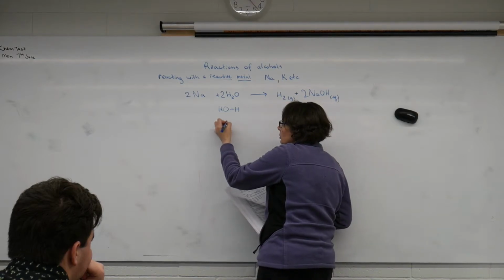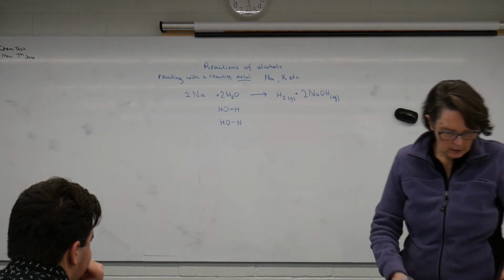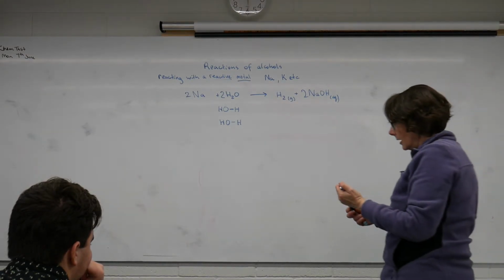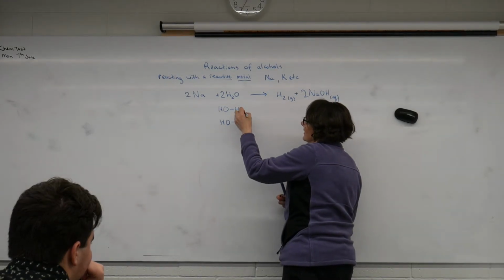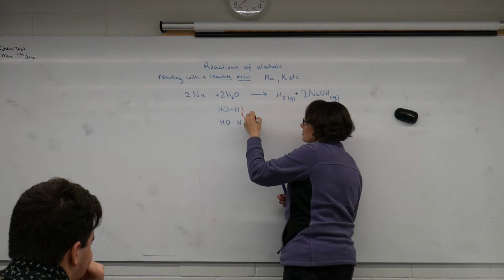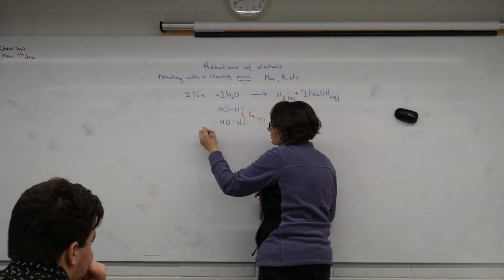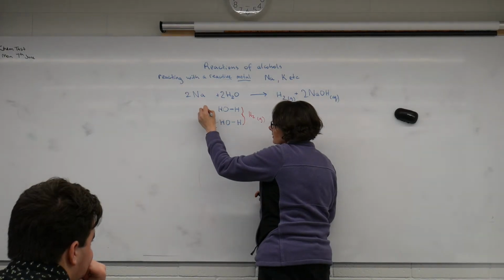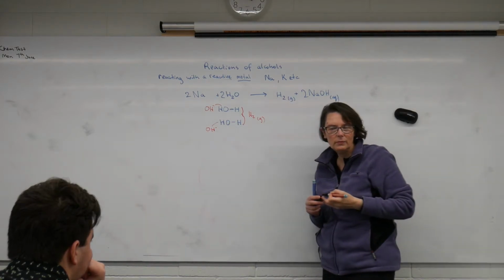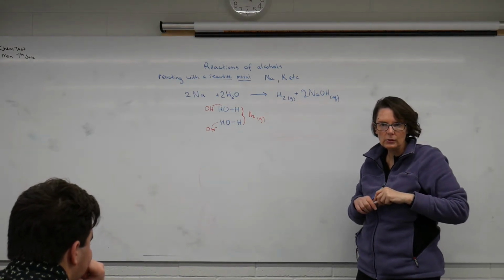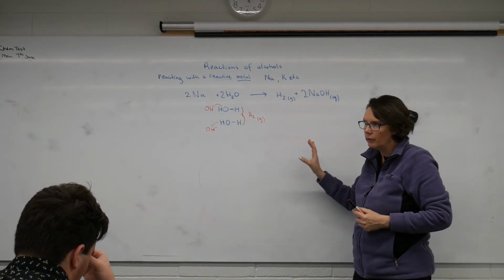If I've got two of them, and I break those bonds, then these two hydrogens head off to form hydrogen gas, and that leaves these as hydroxide ions. Does that make sense? Can you see that that's what's happening? The sodium is ripping the hydrogen off the water.